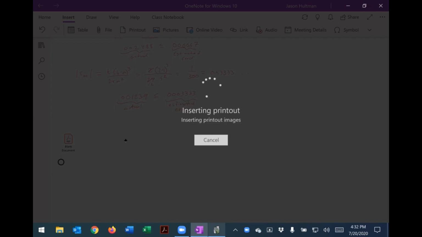Come on, are you going to insert any day now? I'm going to stop my share so this goes faster. I just wanted to insert some paper. Could you just please insert my paper?